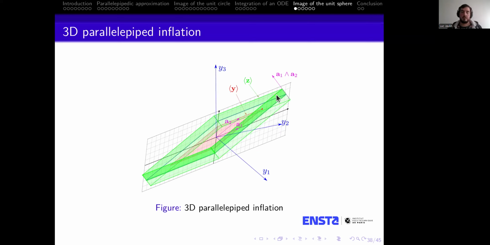So here I just showed a bit how the parallelepiped inflation would work in 3 dimensions. In 2D, I had a line and I transformed it into a 2D parallelepiped. And when I inflate it, I get a 3D parallelepiped here in green.